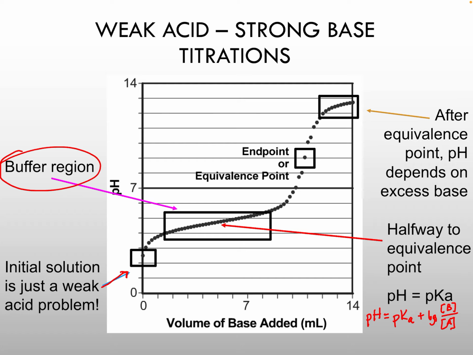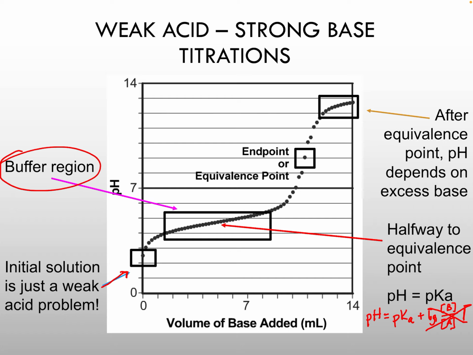So we will have exactly equal concentrations of weak acid and conjugate base because half of it remains as weak acid and the other half has been converted to conjugate base. So when these concentrations are equal, we're taking the log of 1 essentially, and the log of 1 is 0. So at halfway to the equivalence point, the pH will be equal to the pKa. This can be really useful because you can actually go through and figure out the Ka of your acid and identify it if you needed to.